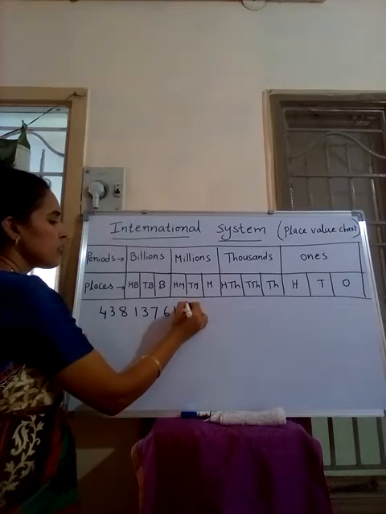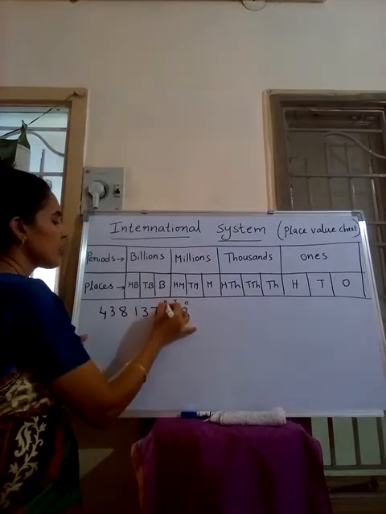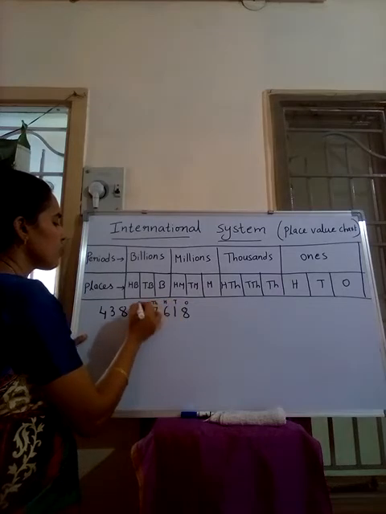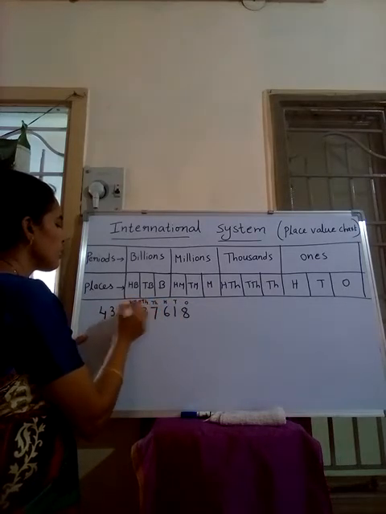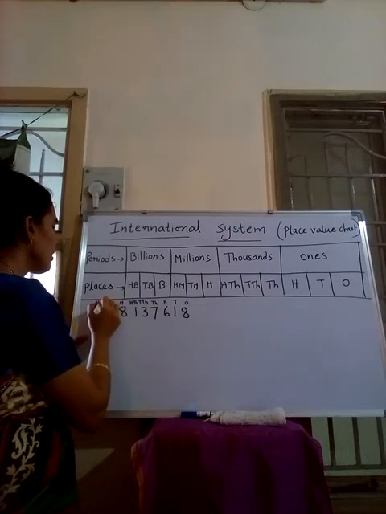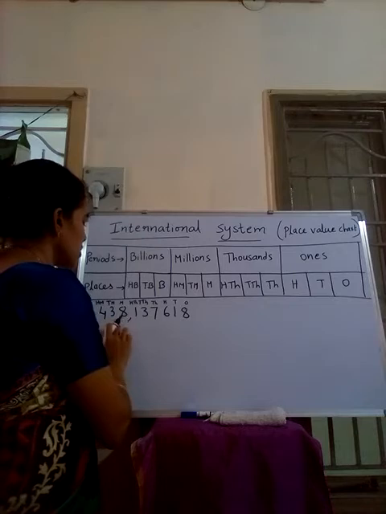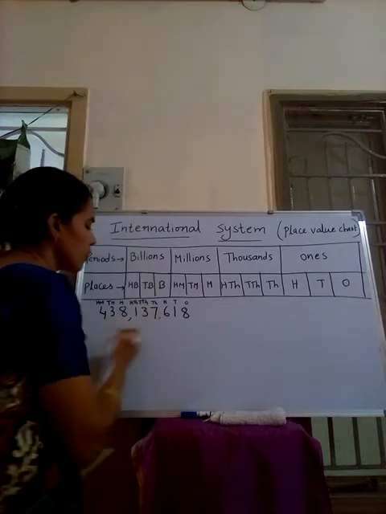Okay, write the places in this system. What are the places? Ones, tens, hundreds, thousands, 10,000s, 100,000s, million, 10 million, 100 million. Separating after the millions period a comma, and after the thousands period one more comma.